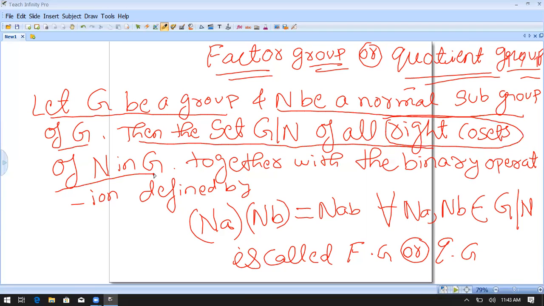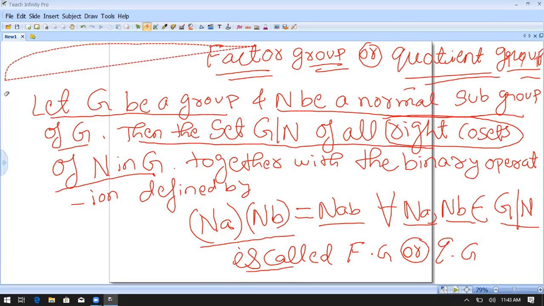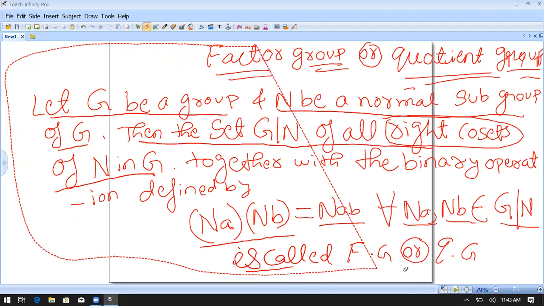So that we define here Na into Nb is equal to Nab for all Na, Nb belongs to G by N. This is called a factor group. So this is your definition of the factor group of a group, or you can say the quotient group or factor group. Any one of these.